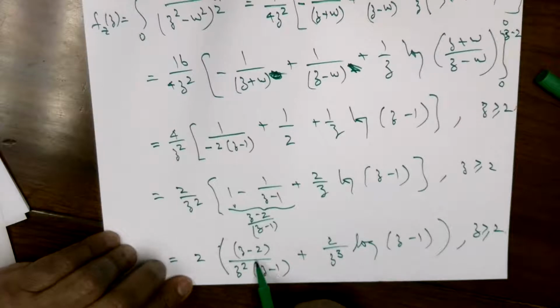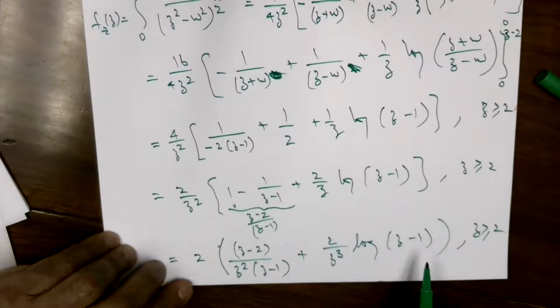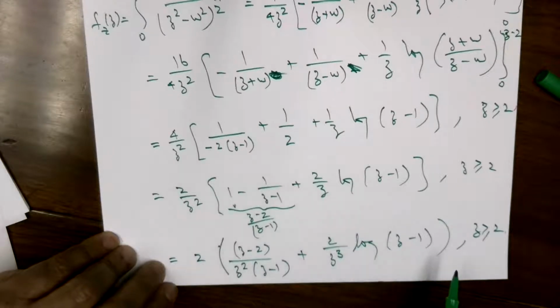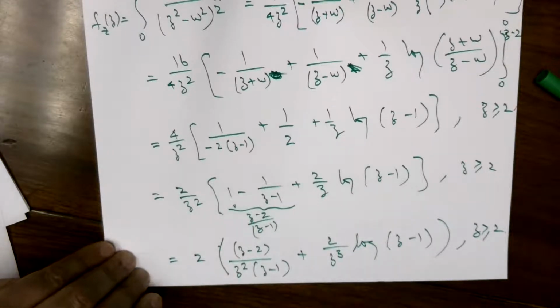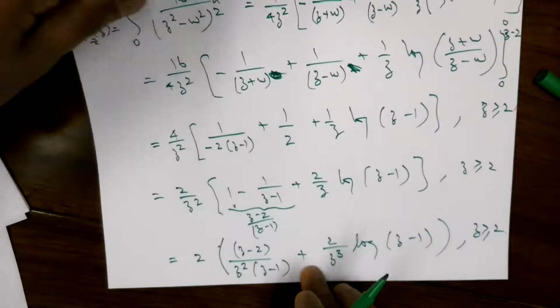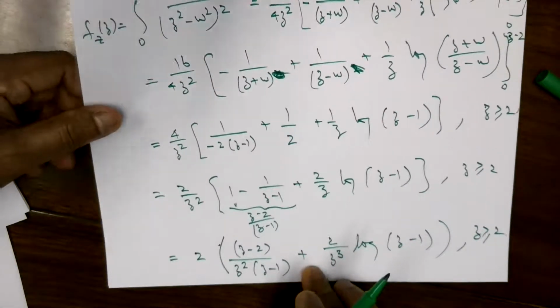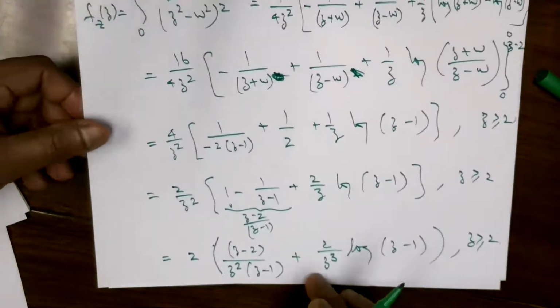So notice that at least for z greater than 2, everything is positive. To verify, we'll check whether the area under this is 1. So this is the answer we are getting for x plus y.